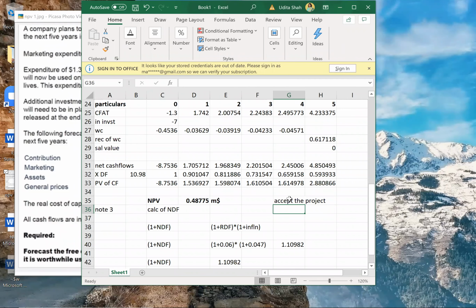If you have any doubt, ask the doubt. If you have any problem in any calculation part, I can explain it once again.